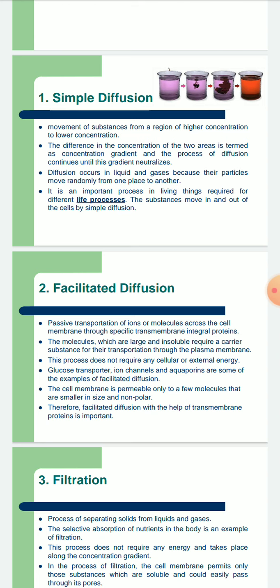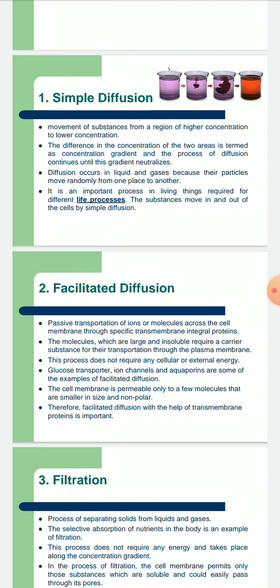Molecules which are large and insoluble require a carrier substance for their transportation through the plasma membrane. This process does not require any cellular or external energy. Glucose transporters, ion channels, and aquaporins are some examples of facilitated diffusion.